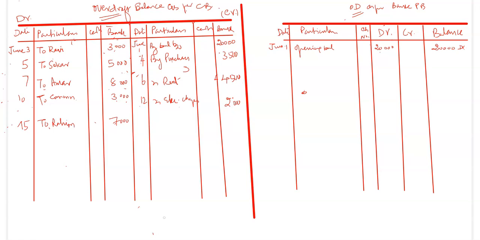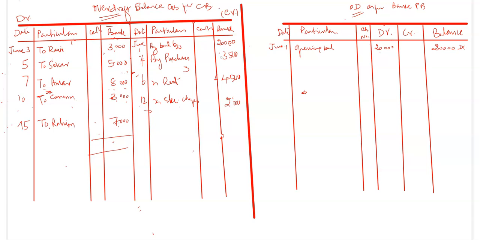If you look at it, your debit side total will be 8, 16, 19, 26,000.